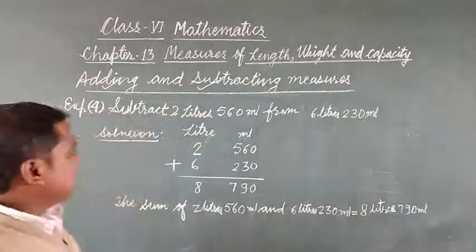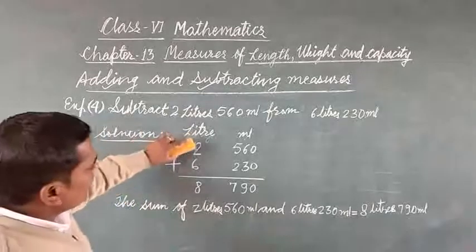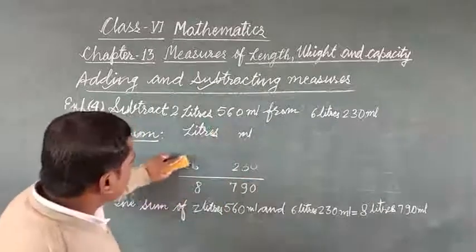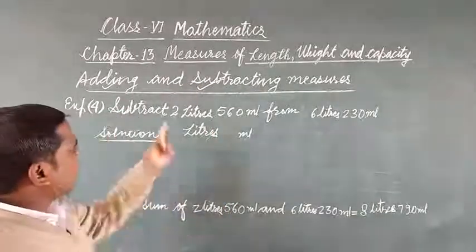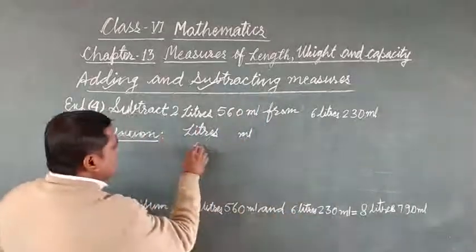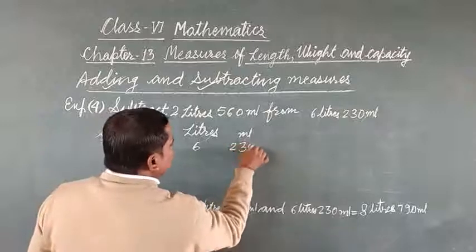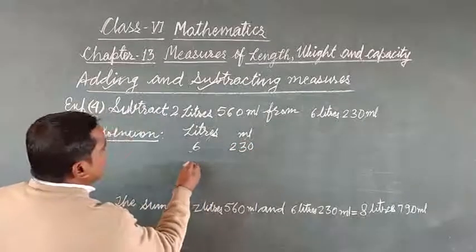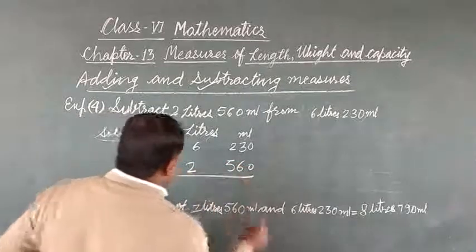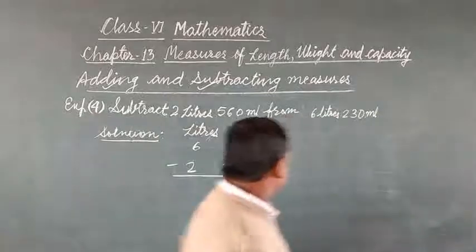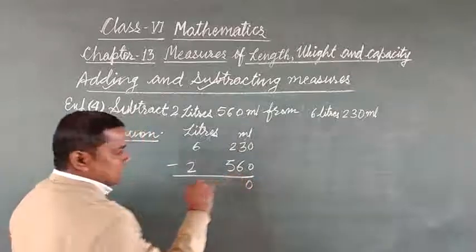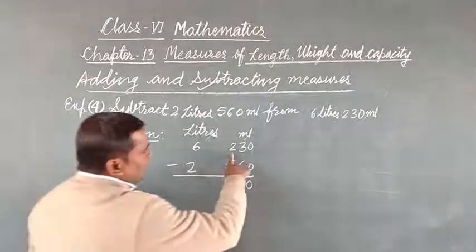230 milliliters. So look here, we write liters and milliliters above. First it is given to subtract this from this. It means we have to write first 6 230 and here we write 2 560 and minus. Now we will subtract. 0 minus 0 is 0, 3 minus 6 will not be subtracted, so we will take one borrow from here.